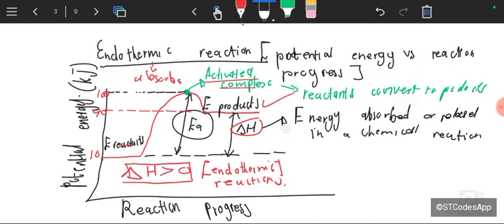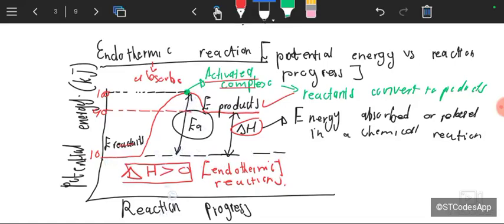Check one thing. What did we say? We said that in an endothermic reaction, you must absorb more energy. So you start off with your reactant, and you just can't go to products. You must meet the minimum energy of the system for you to have a reaction. That energy is called the activation energy. It's the energy from the energy of the reactant all the way to the activated complex.